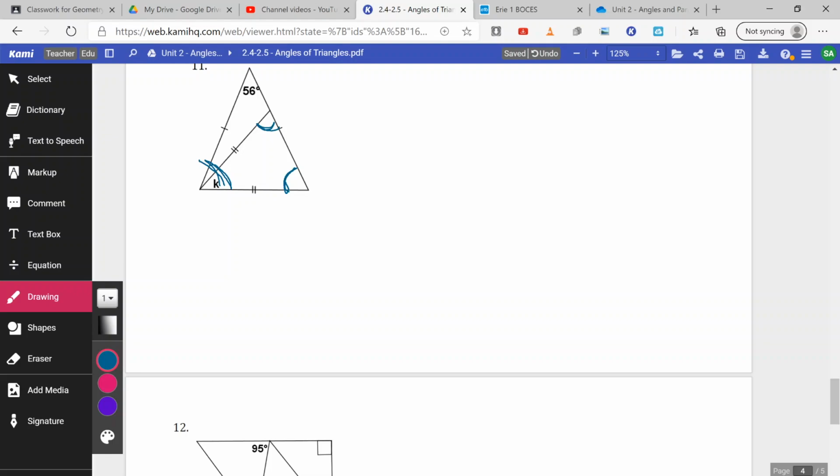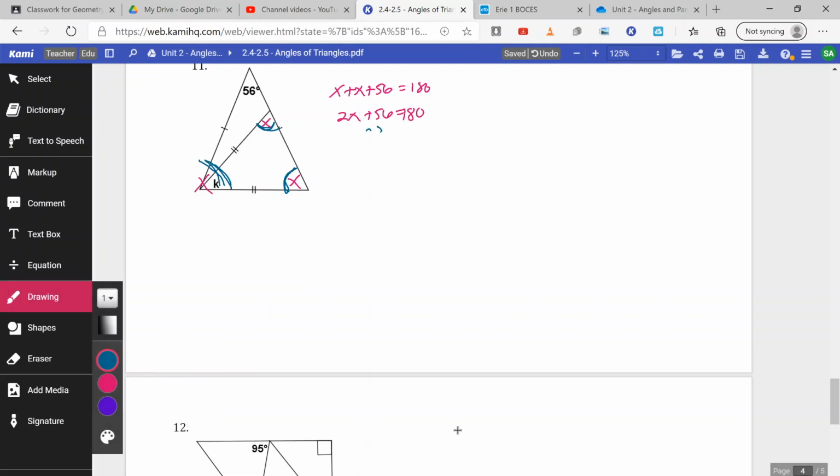Now, because we don't know what these angles are, we can label them x. So if this angle is x, this angle is x, and then the full angle over here is x. Now we know that the angles of a triangle add up to 180. So we can say x plus x plus 56 is 180. So we got 2x plus 56 is 180.